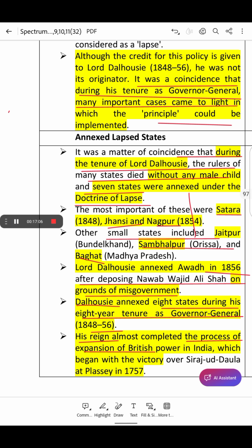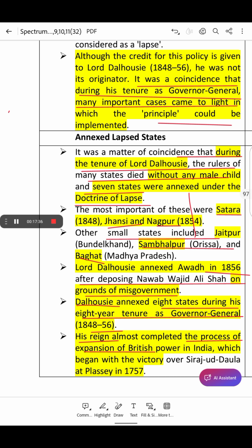And the impact of Dalhousie's annexation resulted in the annexation of 8 states under his 8-year rule, like Satara, Sambalpur, Jhansi, Nagpur, Jaipur, Bhagat of Madhya Pradesh and other small states, and Awadh due to misgovernment. And this led to the expansion of British control over India significantly.